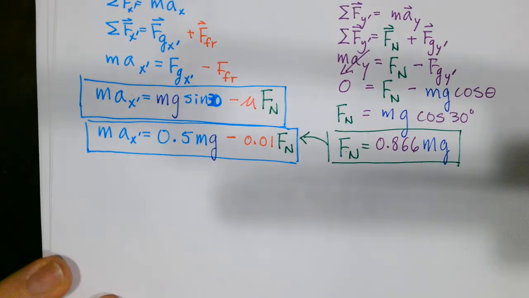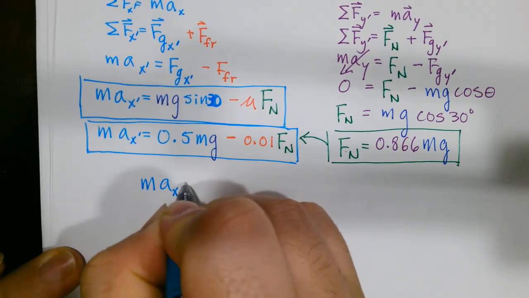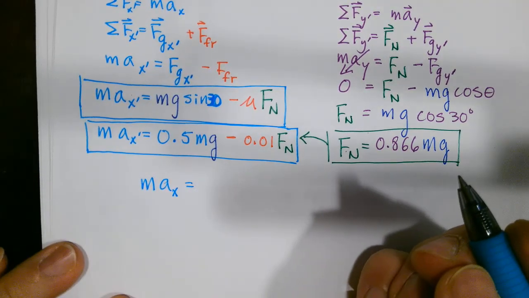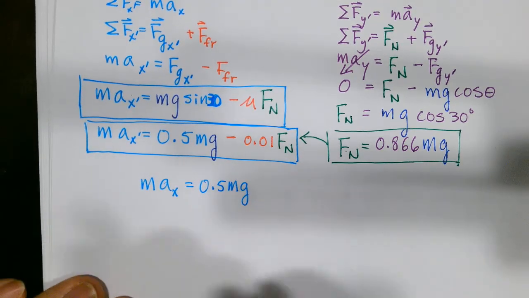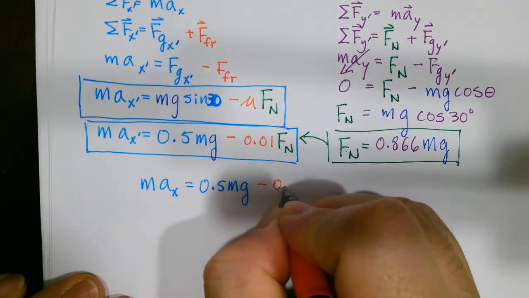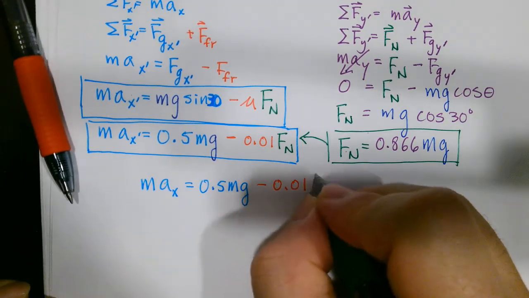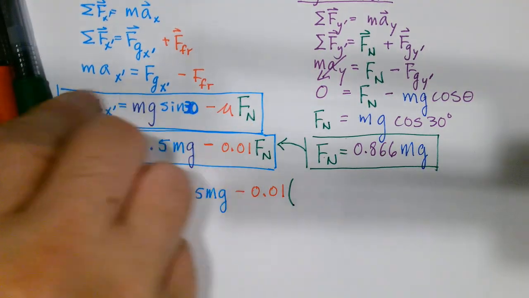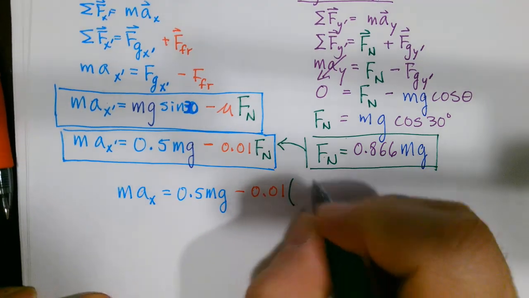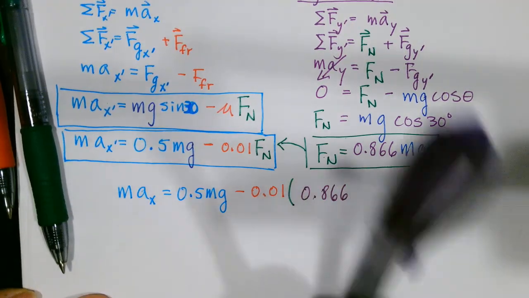Then I would have m a_x is equal to 0.5 mg minus 0.01 times 0.866 times mg.